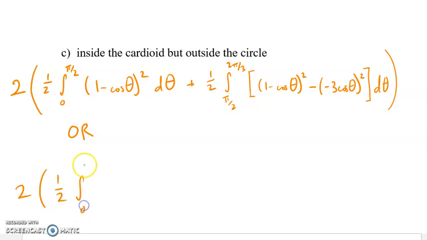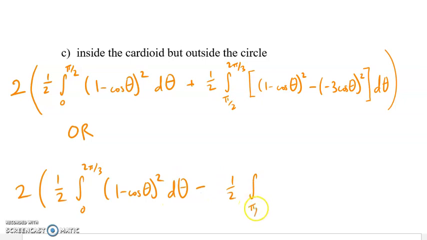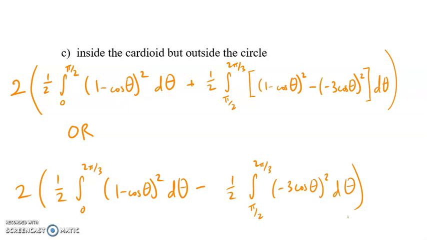We'll have from 0 to 2 pi over 3 of the cardioid minus just the pi over 2 to 2 pi over 3 for the circle. Okay, so if you were going to work out this integral by hand, which I suggest that you do, that second one would probably be a lot quicker to do.